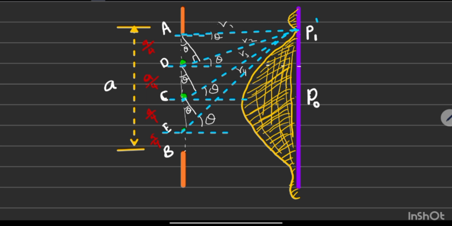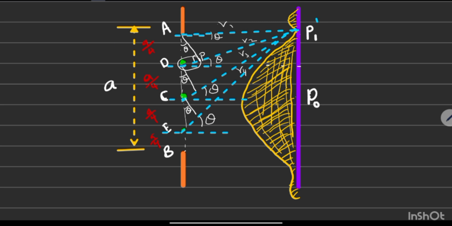Now if we consider a point P on ray 2, and any ray that is going from A and point P, when they reach point P1, they won't have any path difference between them. The path difference arises due to R2 covers extra distance equal to dP when they reach P1 than ray 1.